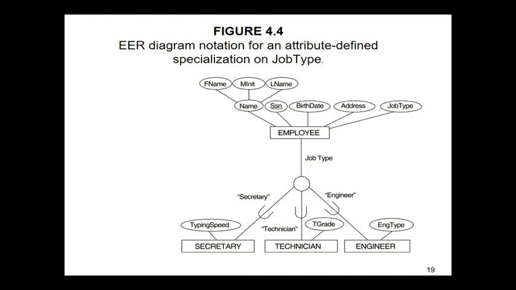What? Okay, so you have to remember, right? So this job type here is made up of one of these three at a minimum. Okay? So to Mark's point, I can have all kinds of other job types. Right? We have identified three down here, secretary, technician, and engineer, because there is specific data we want about those types.